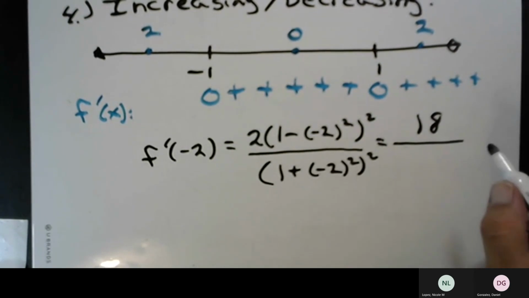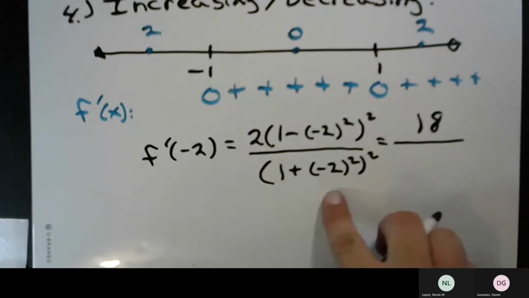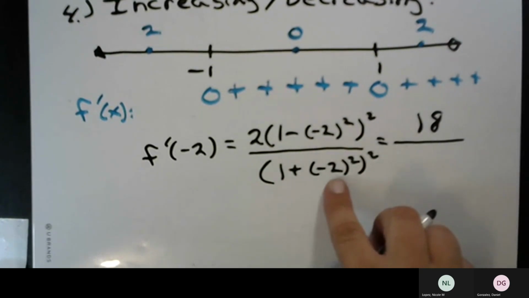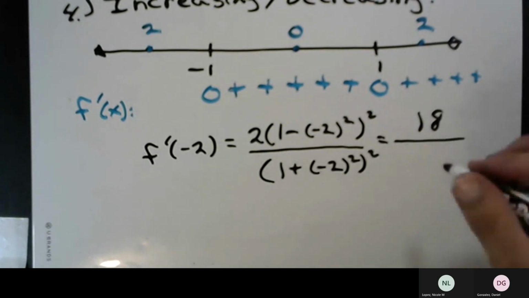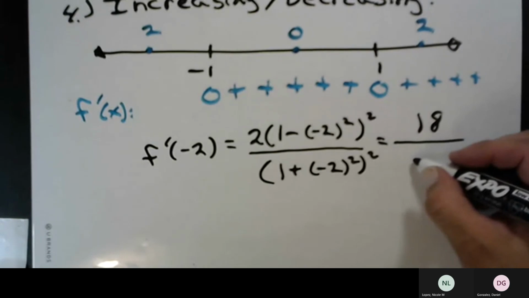Oh, I might have made an arithmetic mistake, but it's not going to matter because we basically just want to know if we have positive or negative.